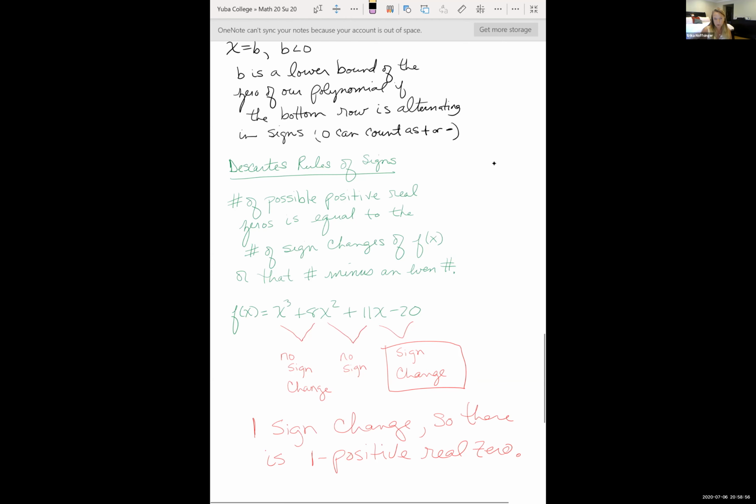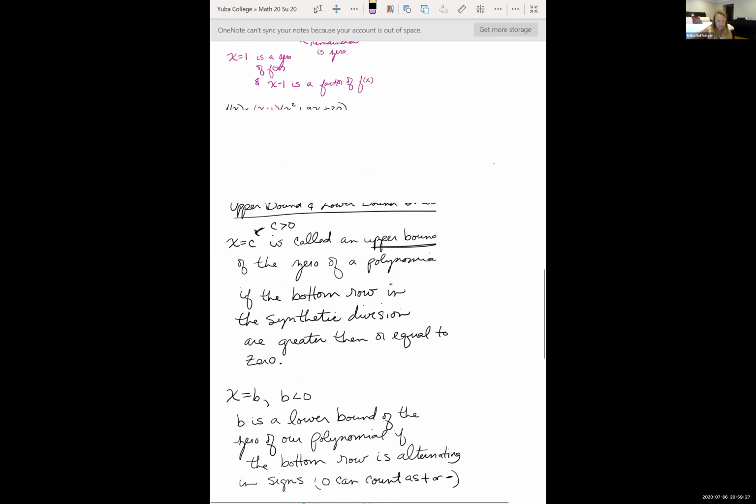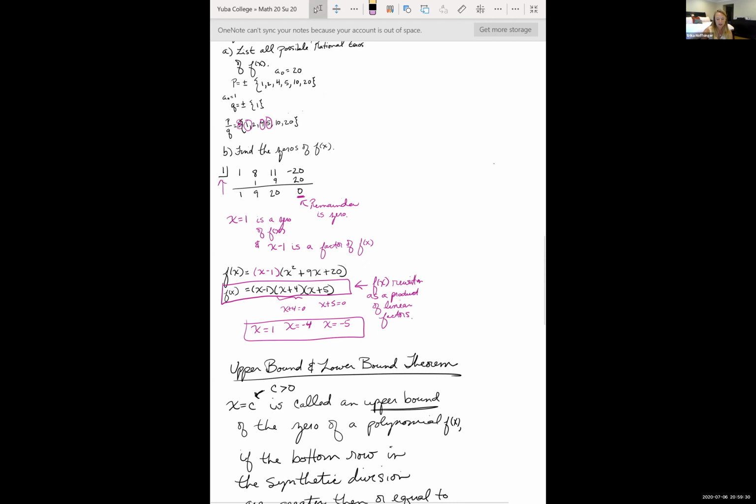But if I subtract an even number like 2 from 1, I get a negative number, and it doesn't make sense to have a negative number of zeros. So if you keep subtracting and you get to 0 or negative, you stop. If I had known this before, I would have known that I'd only have one positive real zero. And when I found that 1 was a zero of my polynomial, that would tell me I wouldn't have to look any further. There's no other positive real zero that works.